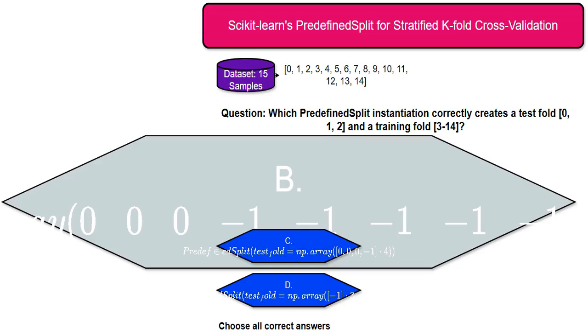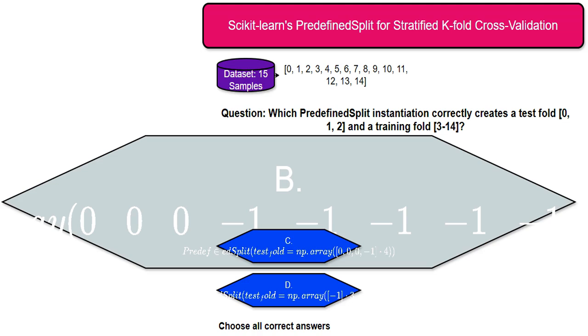I'll explain this option. The array 0, 0, 0, -1, -1, -1, -1, -1, -1, -1, -1, -1, -1, -1, -1 represents the assignment of samples. 0 means the sample belongs to the test set, fold 0, and -1 means it's in the training set.